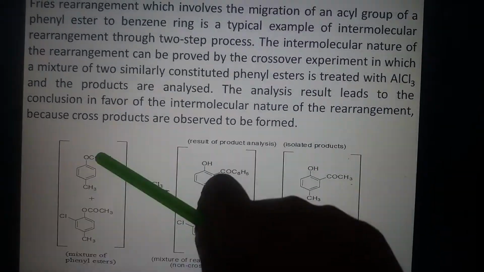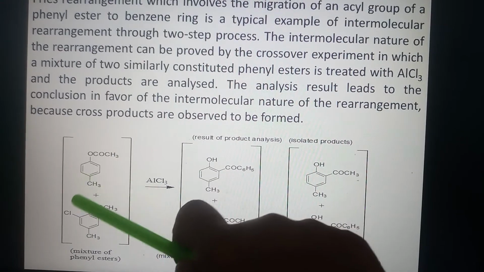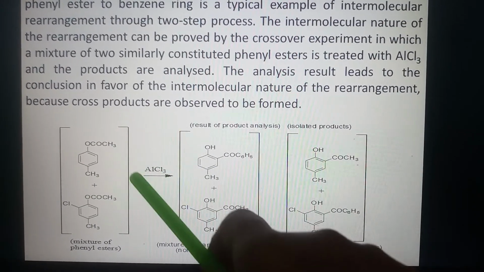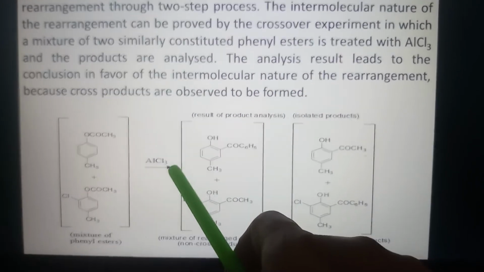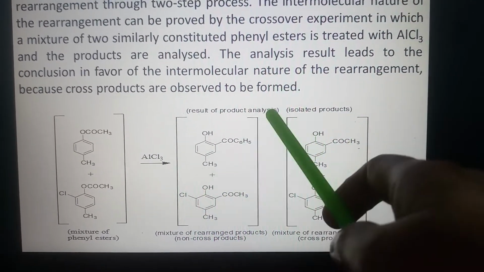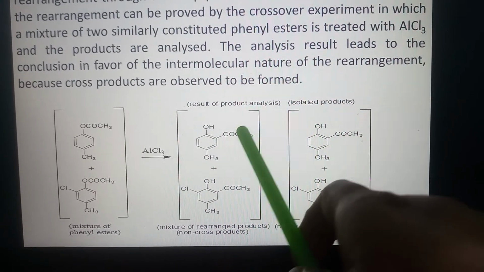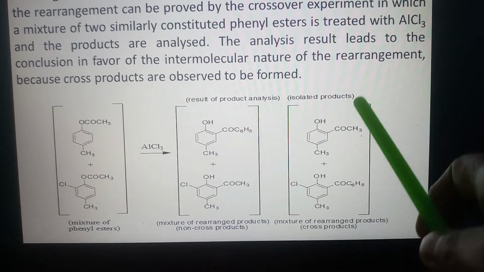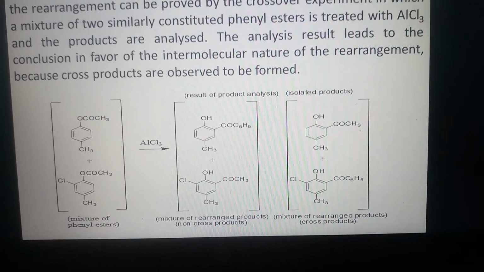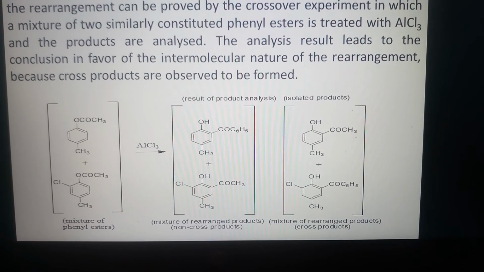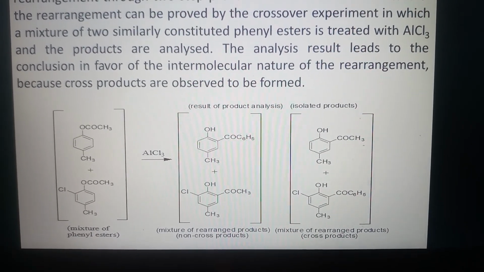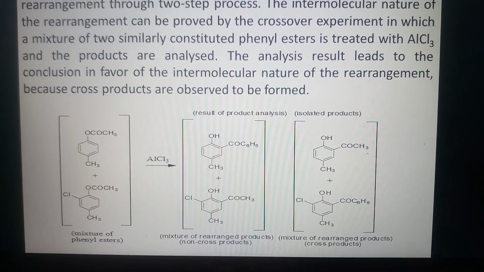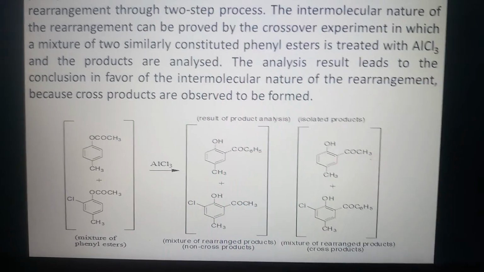You have seen a mixture of phenyl esters, one is simple and another is ortho-chloro substituted, and both are treated with anhydrous aluminum chloride, and we will get the normal rearranged product as well as the crossed one also. The analysis result leads to the conclusion in favor of the intermolecular nature of the rearrangement, because cross products are observed to be formed.